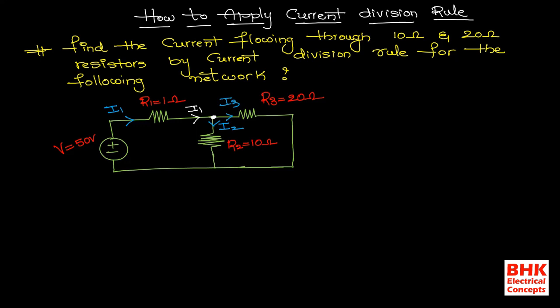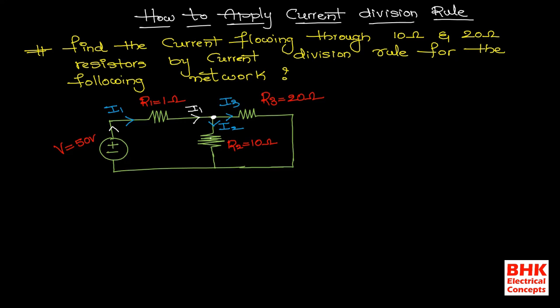We are calling the total current at this junction point I1, because this I1 is coming from the voltage source, and simply we can say the source of this current I1 is the 50 volts voltage source. Now this current starts directly from the positive terminal of the voltage source, and it reaches this node point.